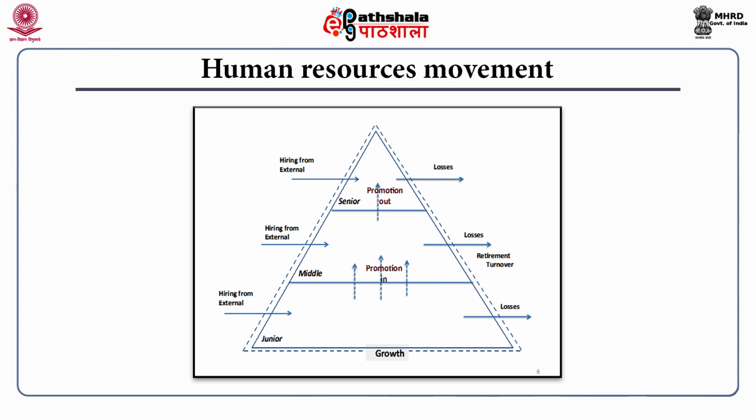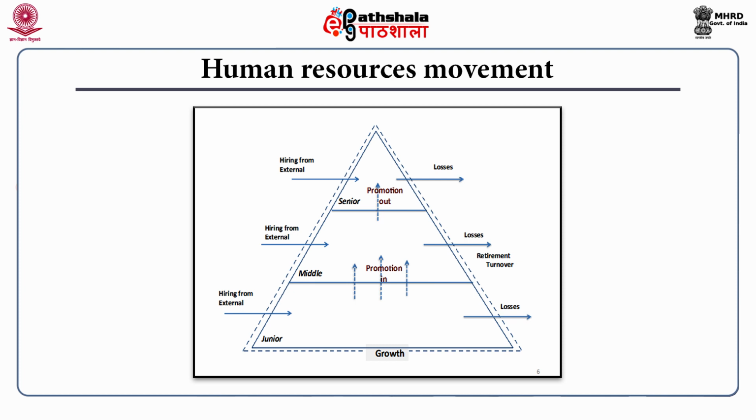and also we see that there are losses, that is people being in the junior position itself leave the organization, but some of the people move up to the middle positions through promotions and also there are fresh entries in the middle level positions from hiring through the external environment. In the same manner, in the middle level positions there are certain losses due to people leaving the organization or due to retirement. But some of the people in the middle level positions move up to senior level positions through promotions.